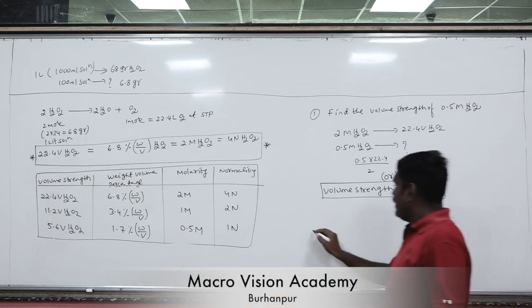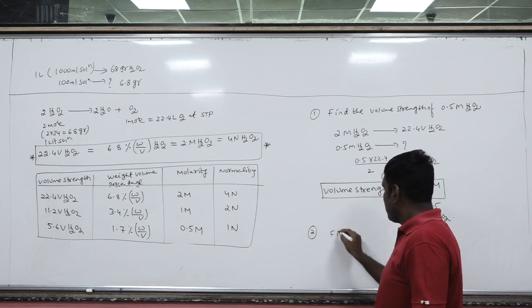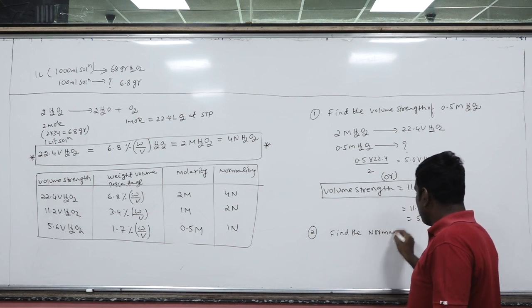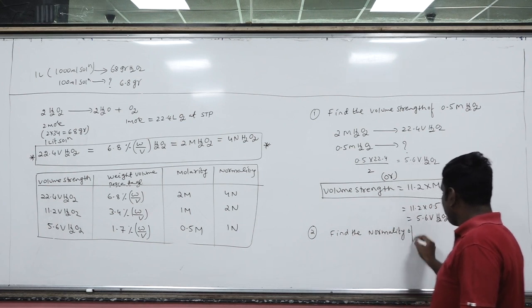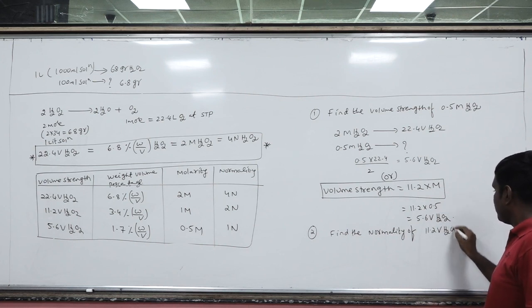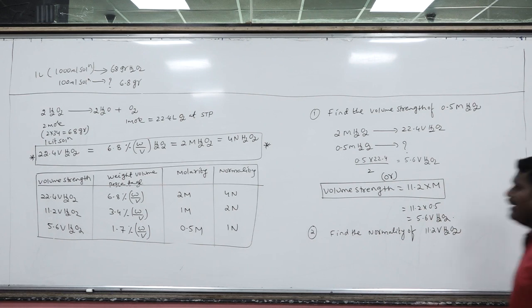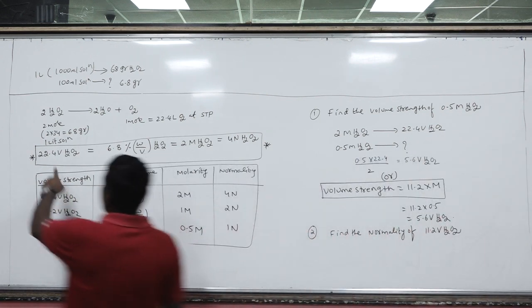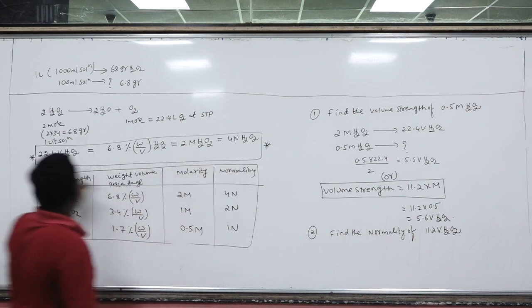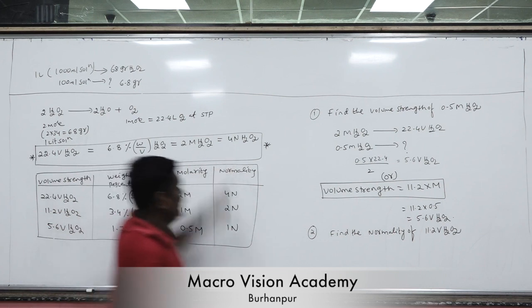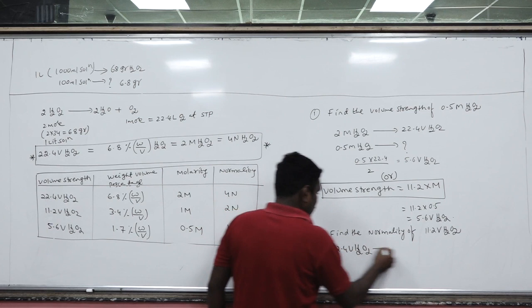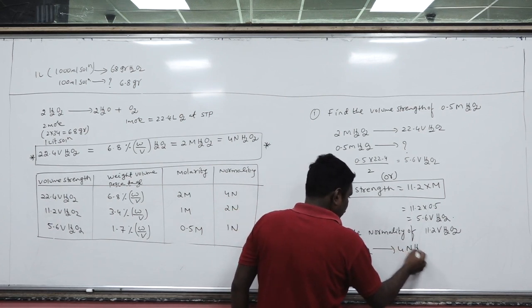And let's suppose, find the normality of 11.2 volume strength of H2O2. Here we have 22.4 volume strength of H2O2 corresponding to 4 normal H2O2.